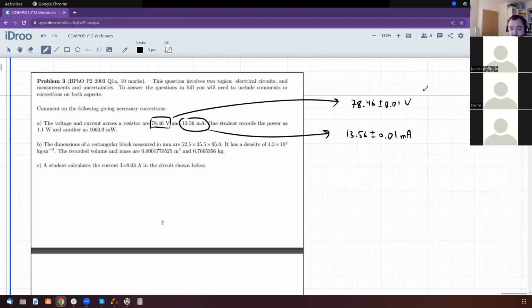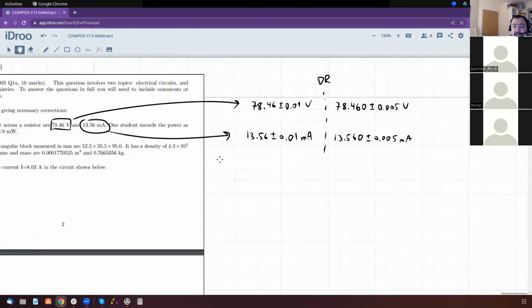Now, alternatively, you could say that it is 78.46 plus or minus 0.005 volts, and 13.56 plus or minus 0.005 milliamps.